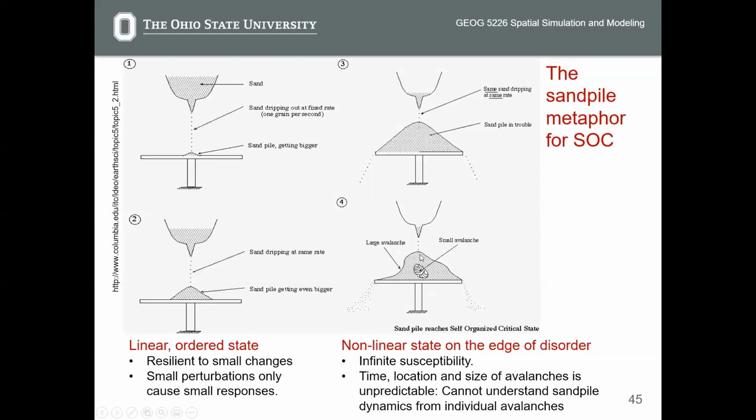They are avalanches, and you cannot expect them from a linear ordered system. At the beginning, nothing was unpredictable. The sand pile was going to be larger and larger until it reached this critical state, and beyond that, we have a nonlinear and chaotic system here.